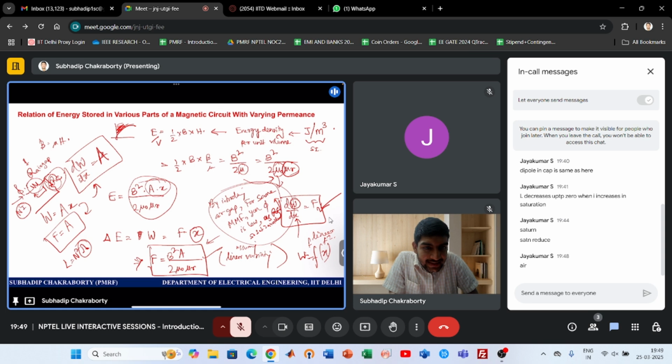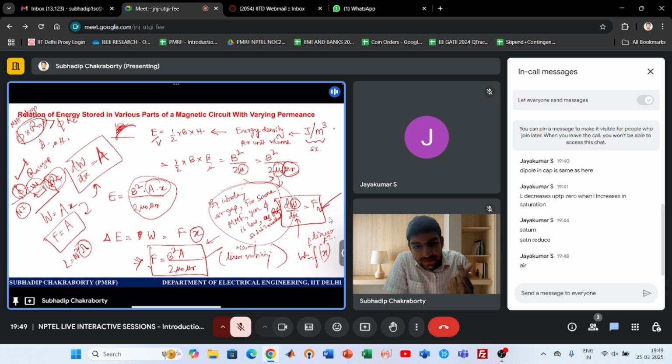Across which element is the MMF drop happening more for a given flux, the larger reluctance part or the smaller reluctance part? Obviously the flux is circulating in a series connection, right? So phi into reluctance of the air gap or phi into reluctance of the core, which one is more? Yes, the air gap one is more, and this gives me the MMF drop.